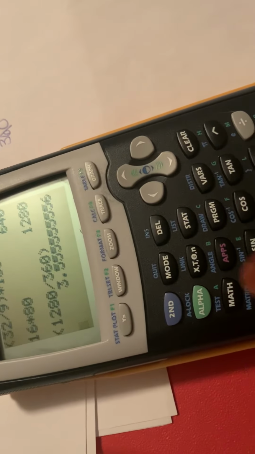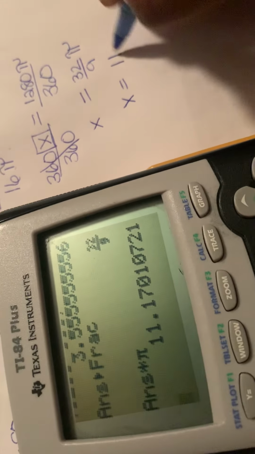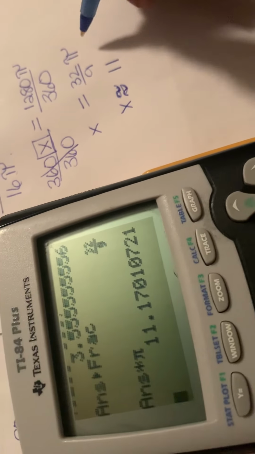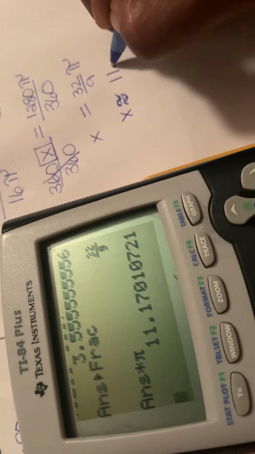And then if we don't want pi, then we just multiply it. So I'm just taking my answer, which was 32 over 9, multiplied by pi. And that means the arc length is approximately, so we use the squiggly lines, 11.17.